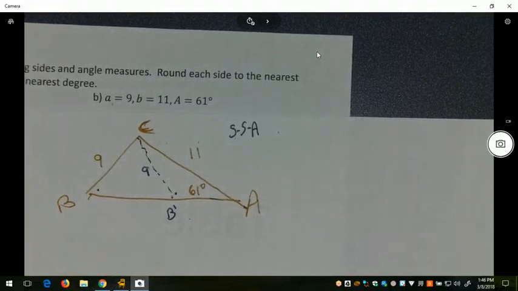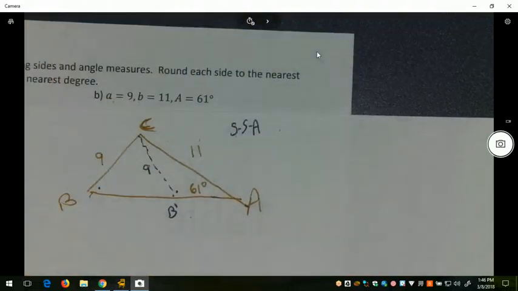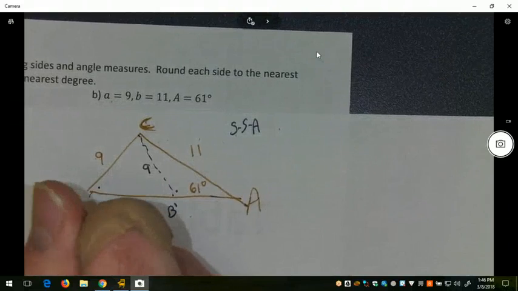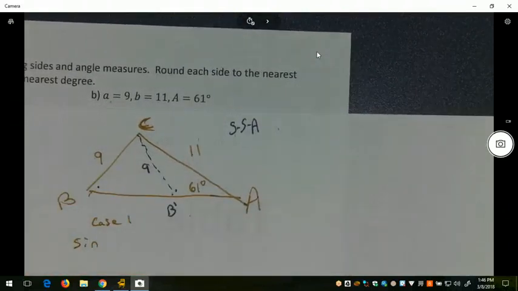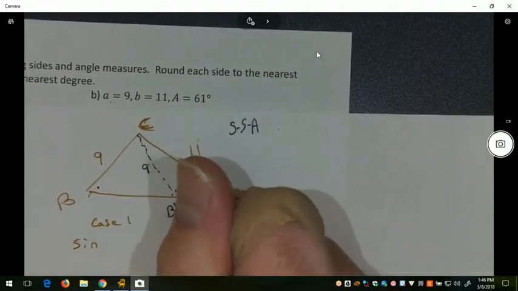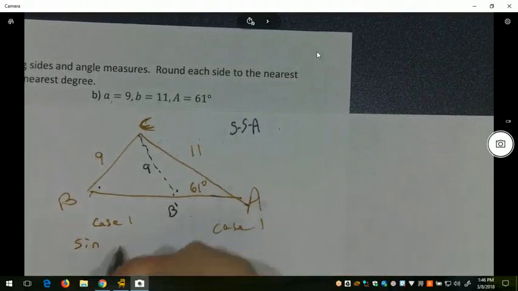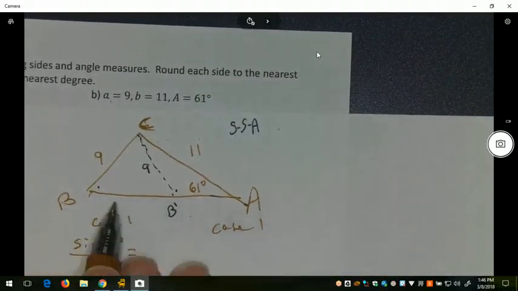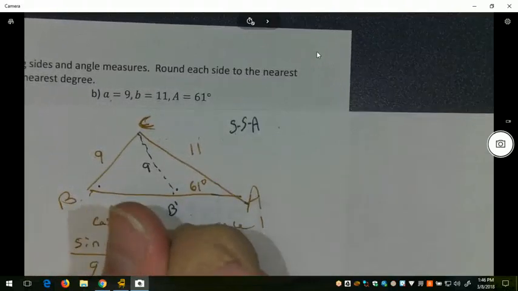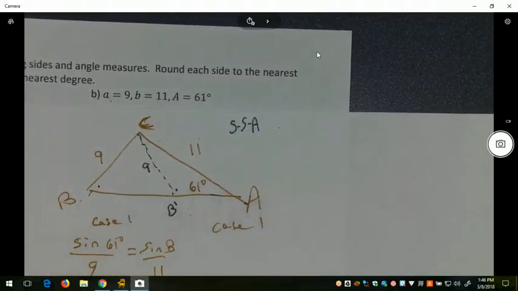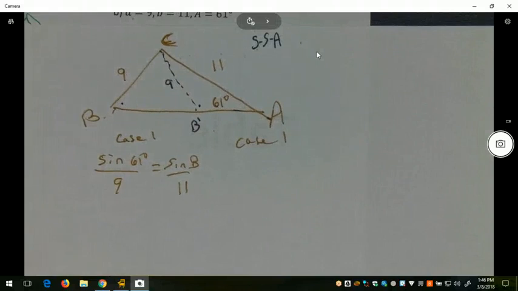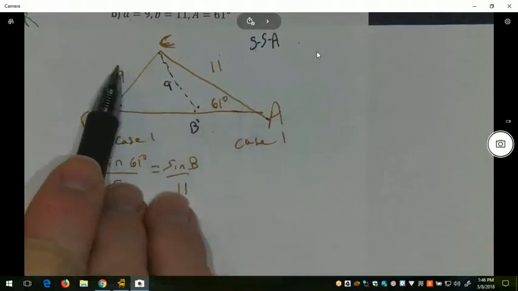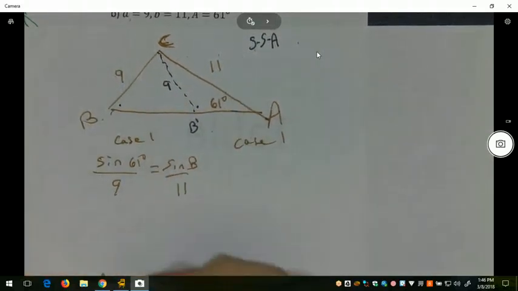We begin by finding the case where B is an acute angle using just regular law of sines. So here's case 1 if it exists, and then we'll look at case 2 if it exists. So case 1, we have sine of 61 degrees over 9 equals sine of B over 11. All I did was sine of the angle over opposite side, sine of the angle over opposite side.